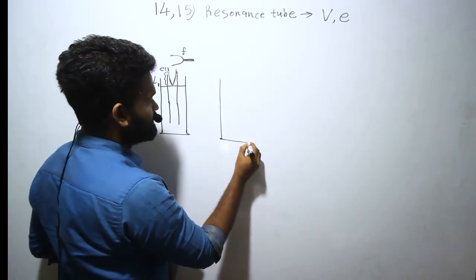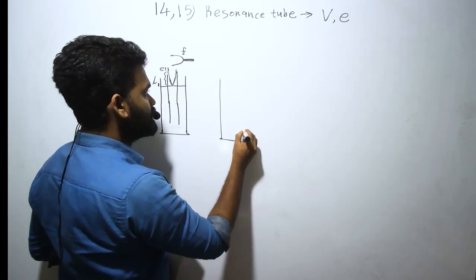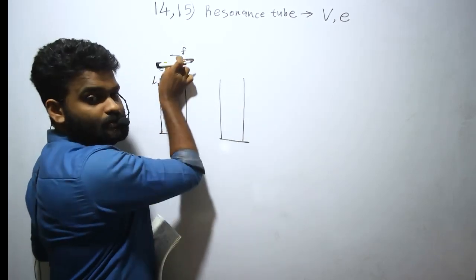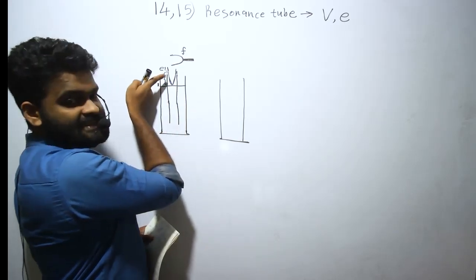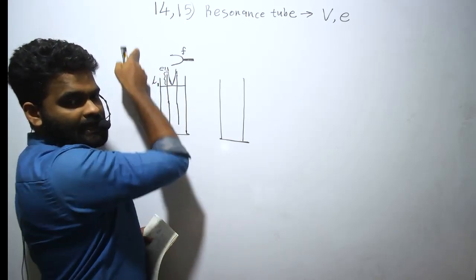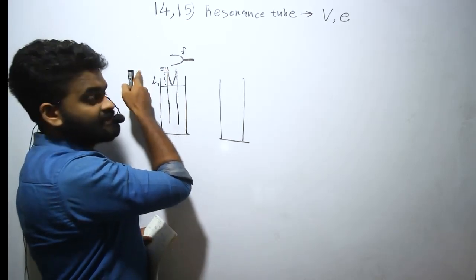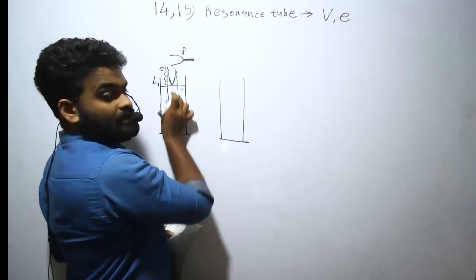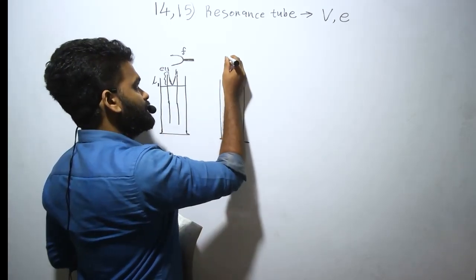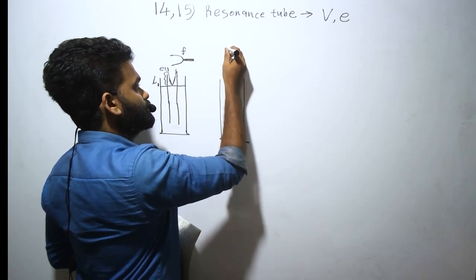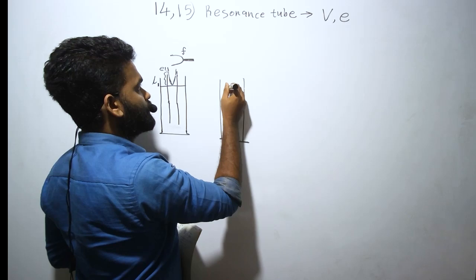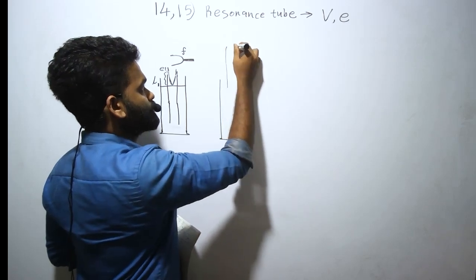To get that, you have to lift this tube further. There's a stand connected to it, which I haven't drawn. Let's say you lift this up to like this much.